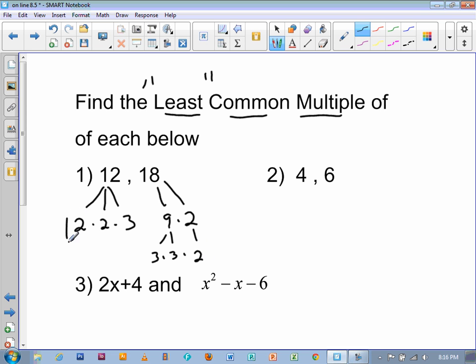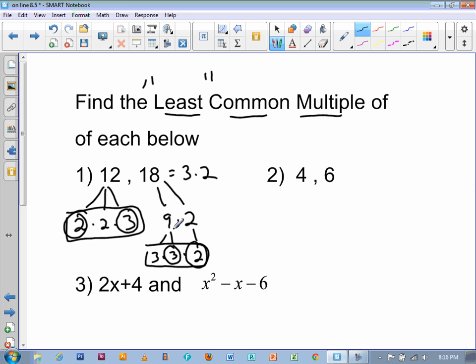So looking at our list of prime numbers for each, we are going to simply circle all factors that are in common. The 3 is in common. We have a 2 over here that's in common with just one 2 over here. And of course, the remaining values are different. List those common factors just once, 3 and 2.